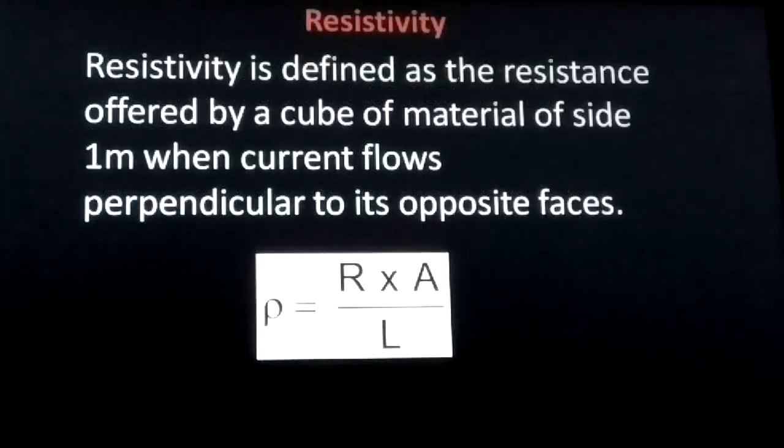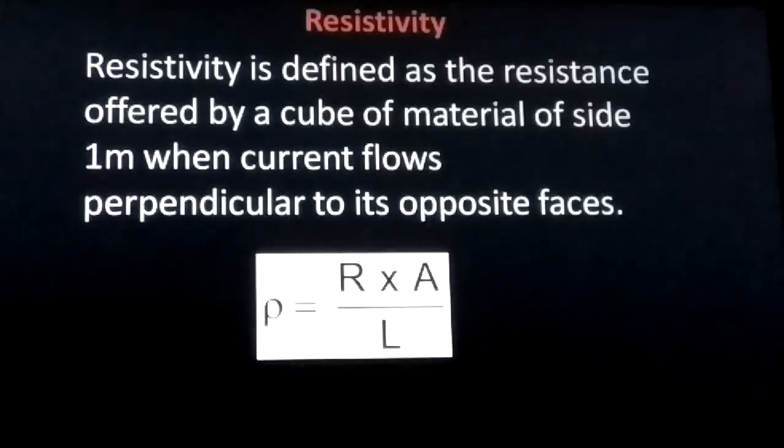Resistivity is defined as the resistance offered by a cube of material of side 1 meter when current flows perpendicular to its opposite faces.